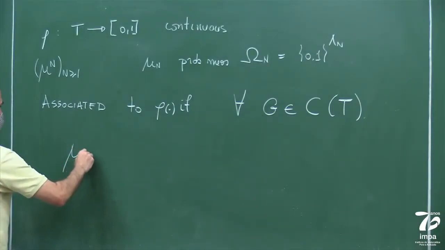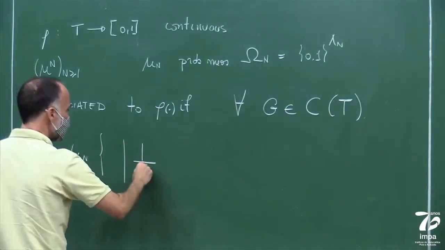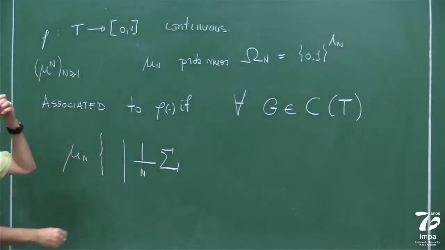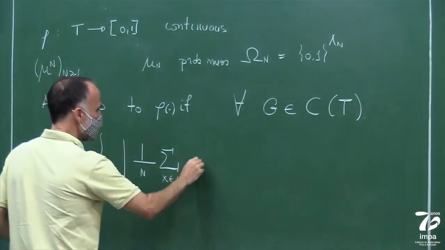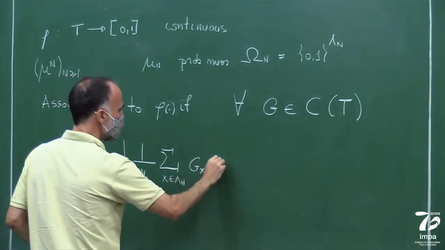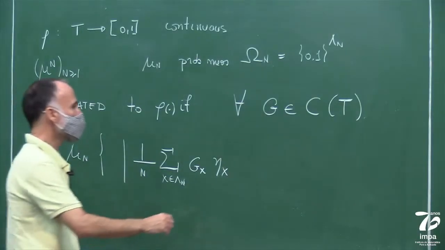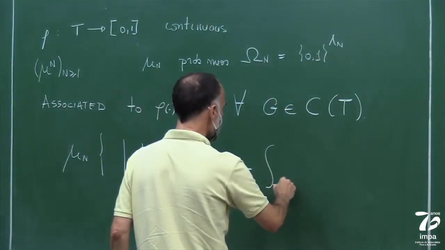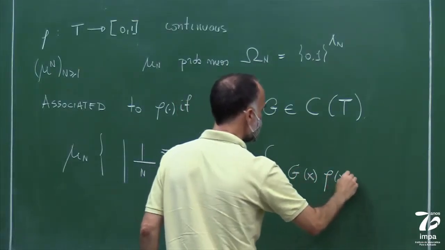Mu n, so I'll take the average, so the sum of g(x) eta(x), and I will compare that with the integral on the torus of g(x) rho(x) dx.